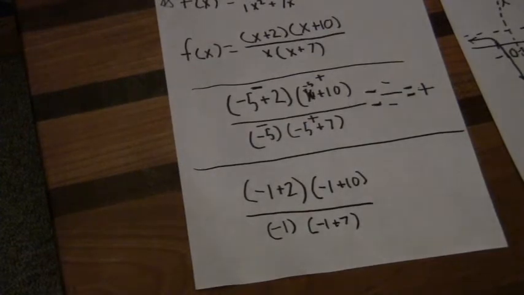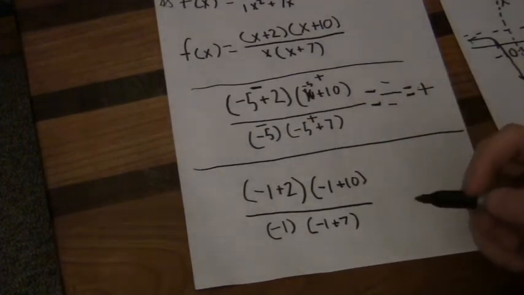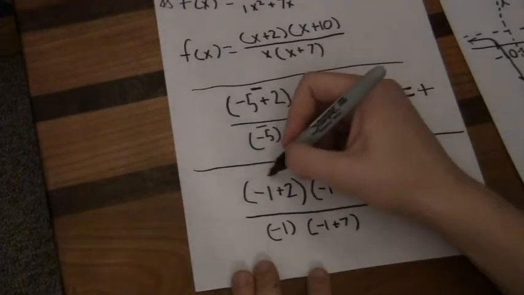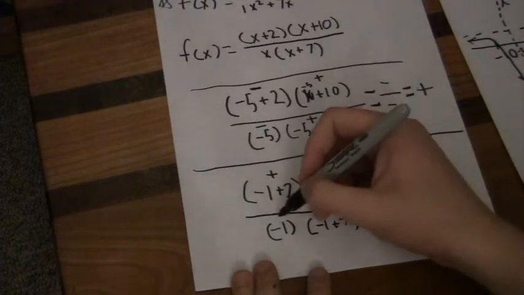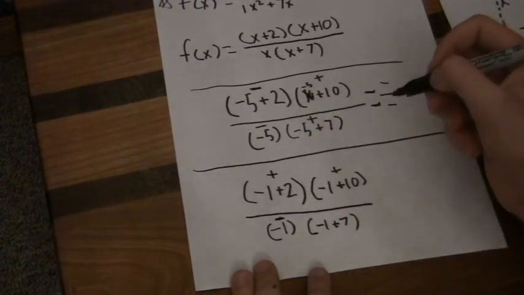Now, you're going to do the same process here. This gives us a 1, which is positive, 9, which is positive, and then this is just a negative, and positive.